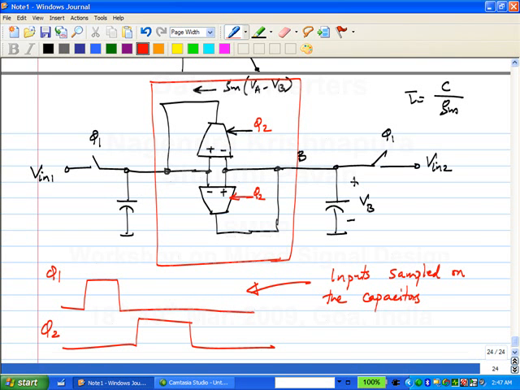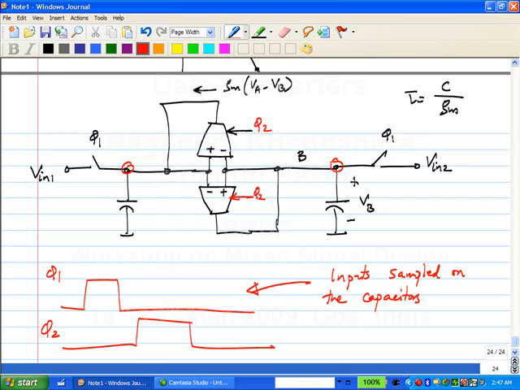I'll come to that. Okay. So, once phi 2 is over, what do you think will happen to this voltage and this voltage? Depending on what values were held on those capacitors just before phi 2 began, right?